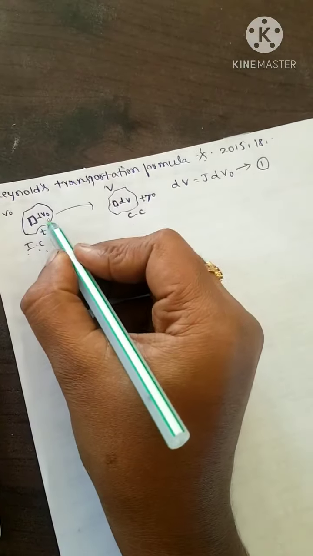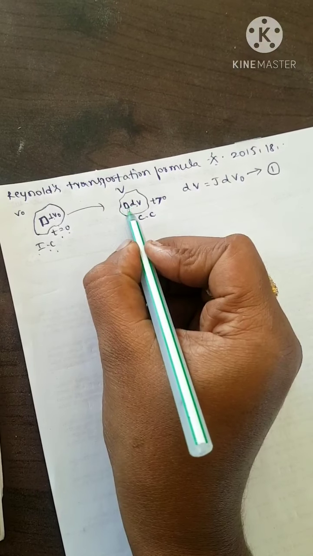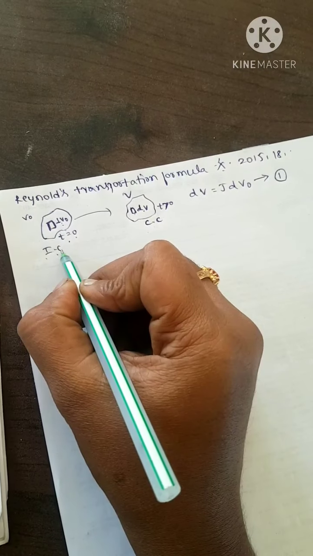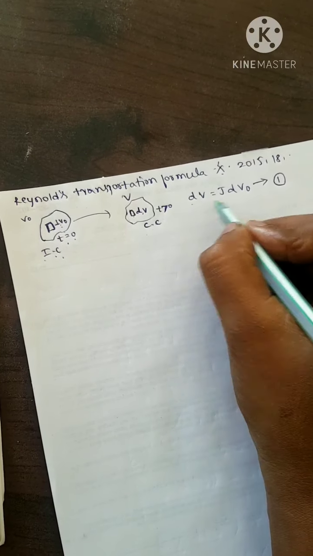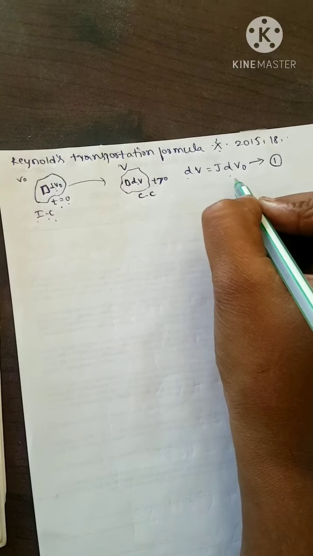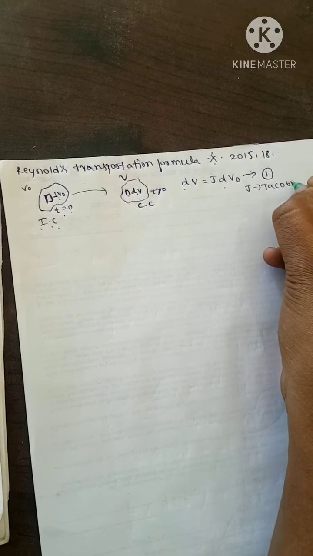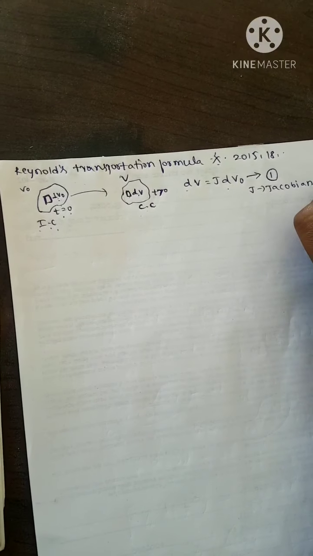If dV is the volume of an element in the current configuration and dV0 is the volume of an element in the initial configuration, then dV is equal to J into dV0, where J is the Jacobian transformation which I have explained in the previous class.